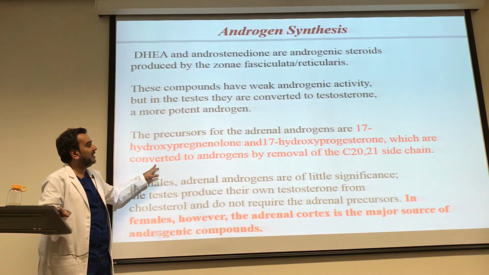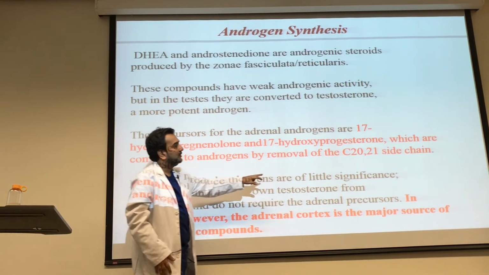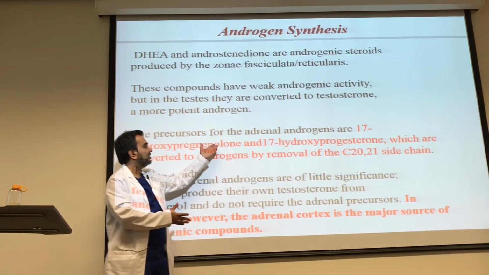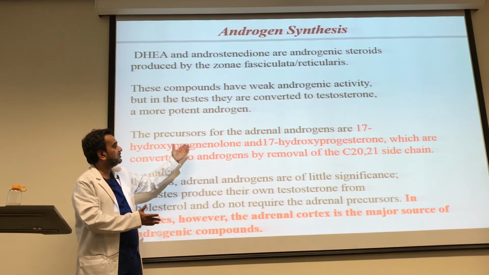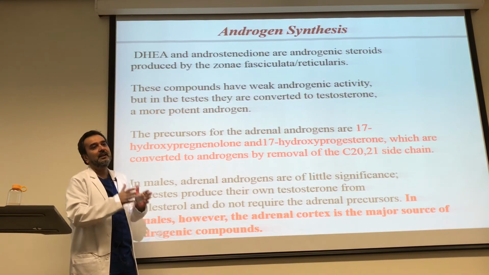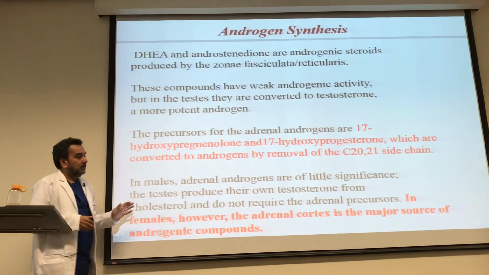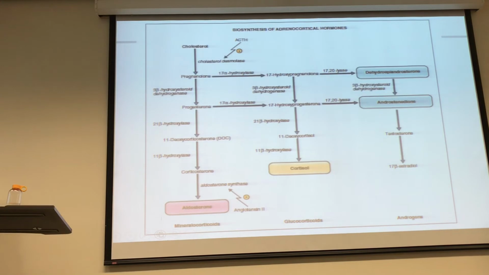So you need another enzyme which is going to remove carbons 20 and 21, and that would convert progesterone, 17-hydroxyprogesterone or 17-hydroxypregnenolone into DHEA or androstenedione. If we look at the structure here, you need 17-alpha-hydroxylase, which converts pregnenolone to 17-hydroxypregnenolone and progesterone to 17-hydroxyprogesterone.